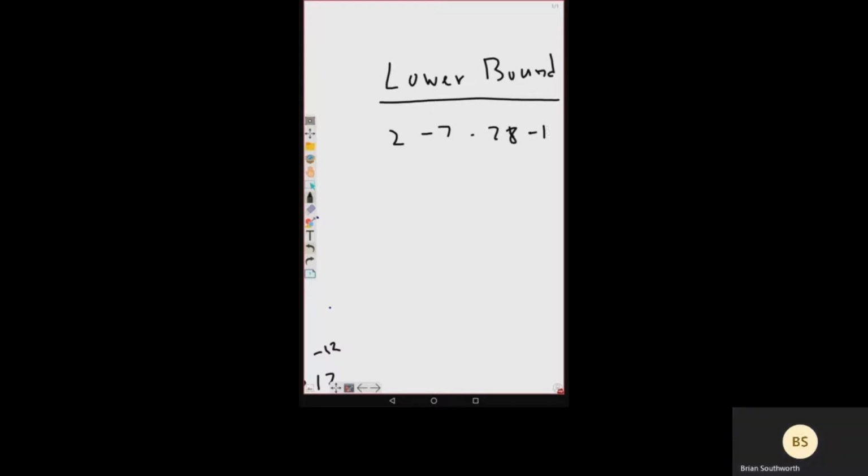Now we go over here and do lower bounds. And remember, it's 2, minus 7, minus 28, and minus 12.